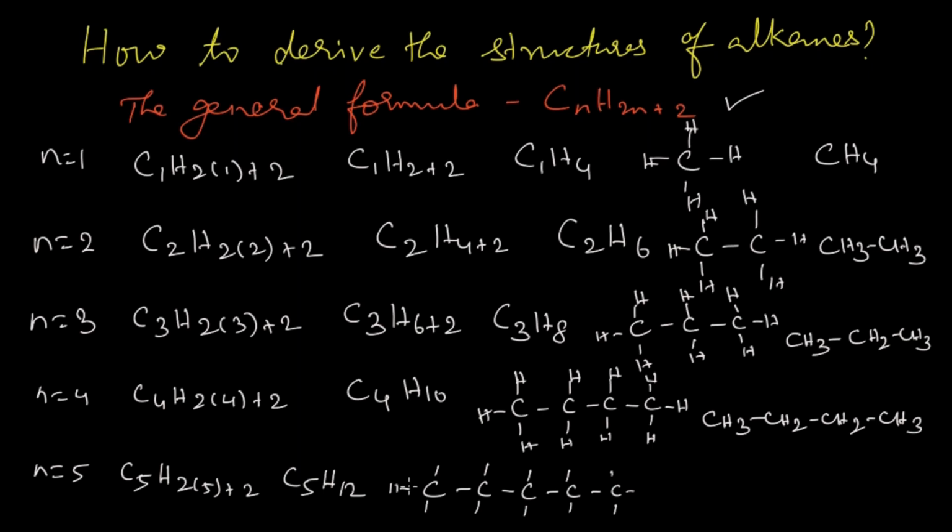So the general formula is correct for alkanes. You can derive it on your own and practice. After watching this video, just practice in your notebook. It will be very easy for you to learn the basics. Now write it: CH3, and the second carbon CH2, the third carbon CH2, the fourth carbon CH2, and the last carbon CH3.